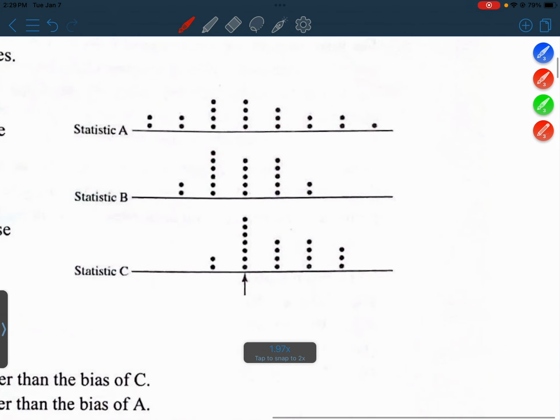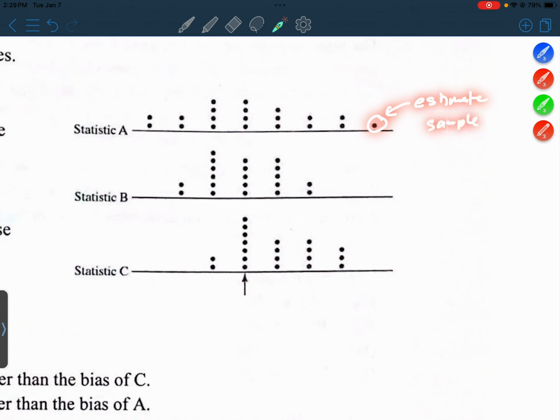So think of each of these dots as an estimate that was calculated from some sample. This sample gave an estimate that was on the high side. This dot represents a sample that gave an estimate on the low side. This arrow represents the true value that we're trying to estimate.